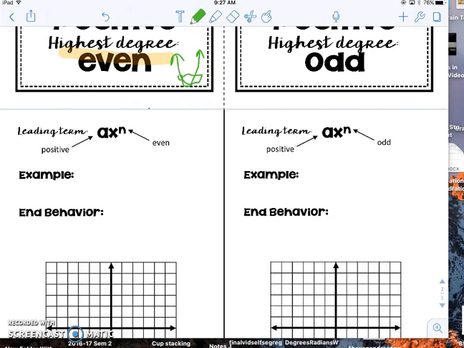So if it is a positive leading coefficient and an even power, let's take a look at one here. Maybe we had x to the 6th plus 5x to the 5th minus x to the 4th minus 21x cubed. So again, here's our even power, and it's positive.